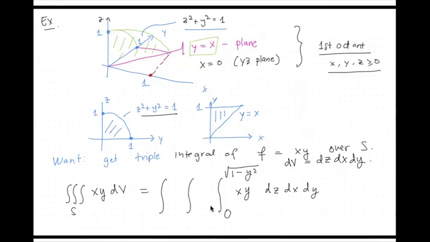And then for X, on this equation, X in terms of Y, this is Y and 0.